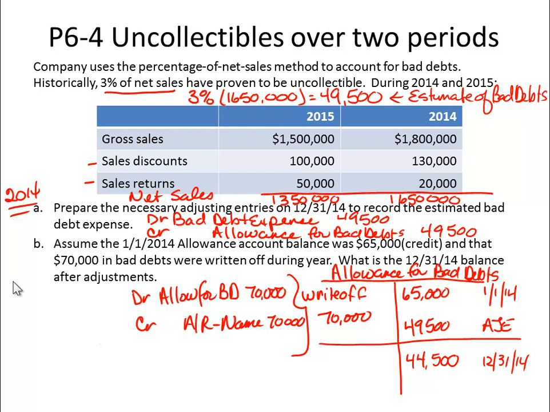We know we made the adjusting entry for $49,500 to the allowance account, so the balance at the end of 2014 is $44,500. The beginning balance plus the adjusting entry minus the write-offs.